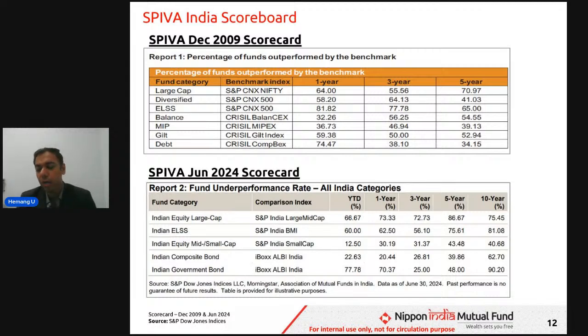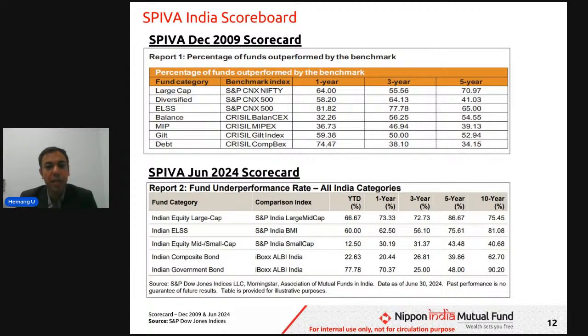So let's say you are a long term investor and you want to place your bet for the next 5 years, 10 years. So what would you end up doing? You will end up owning too many large caps in your portfolio, or you will keep purchasing them and selling them at different points in time, right?